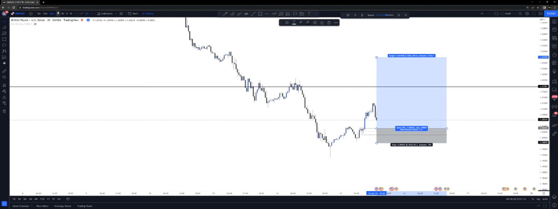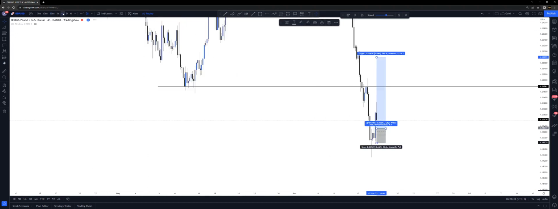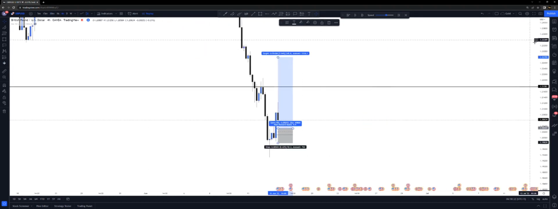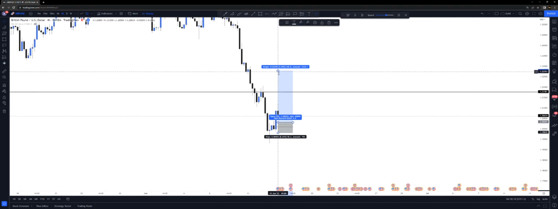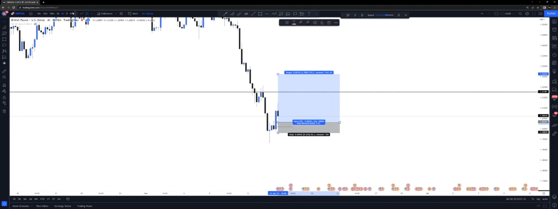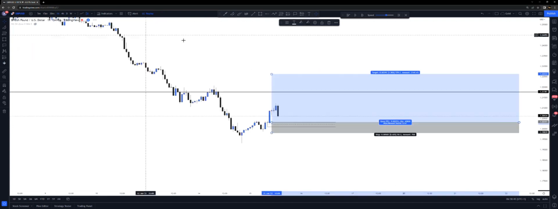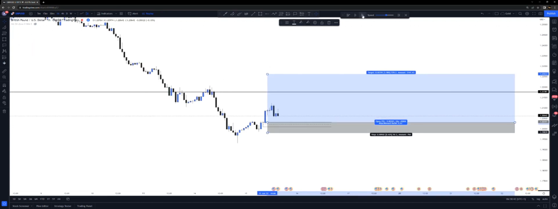So that will be my target, because we go on 4 hours. Let's see. Fine, perfect. See, it was this candlestick right here. So that will be my target. So let's go hourly and see how it plays out.